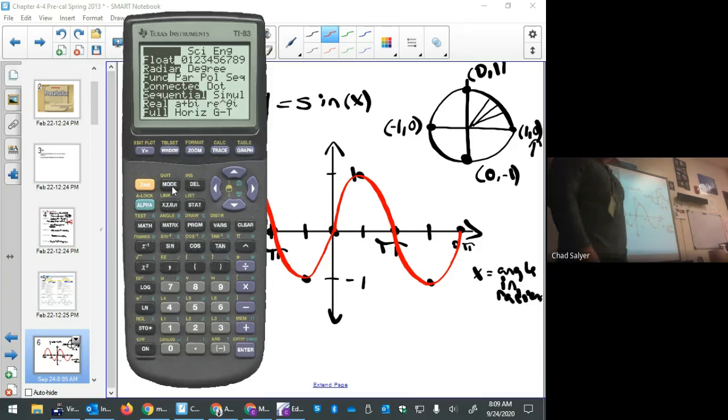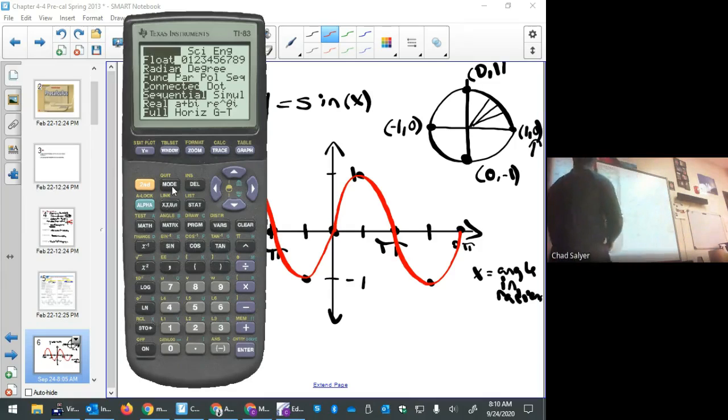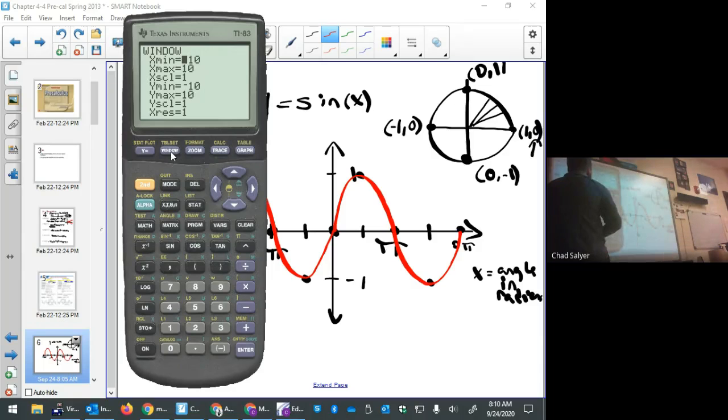So when you graph a trig function, your mode needs to be in radians. Make that mental note. Graphing trig function equals radian mode. And then we need to set our window to go from -2 pi to 2 pi. And then let's go -1.5 to 1.5 on the y.